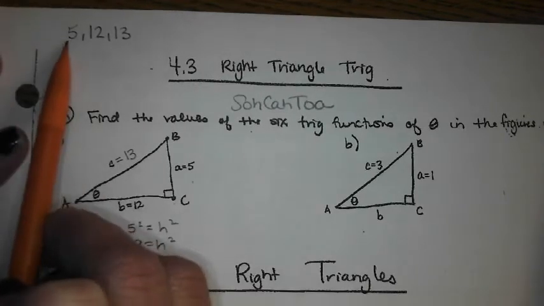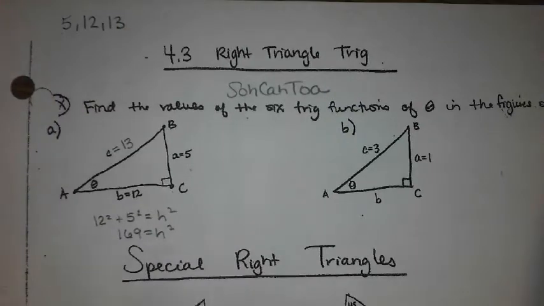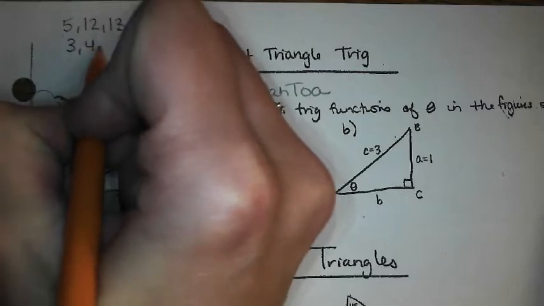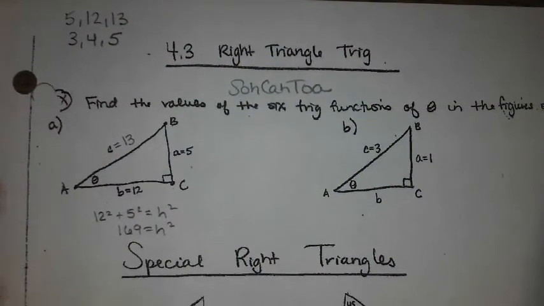If you double it, 10, 24, 26, any ratio of 5, 12, 13 is one family. 3, 4, 5 triangles, any ratio of that: 6, 8, 10, 9, 12, 15. Anybody know any others?